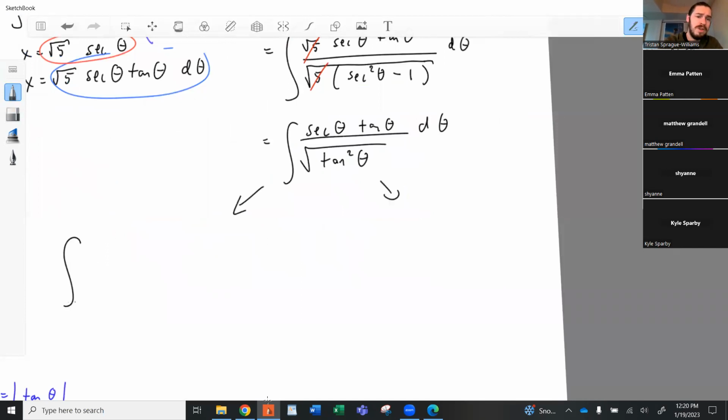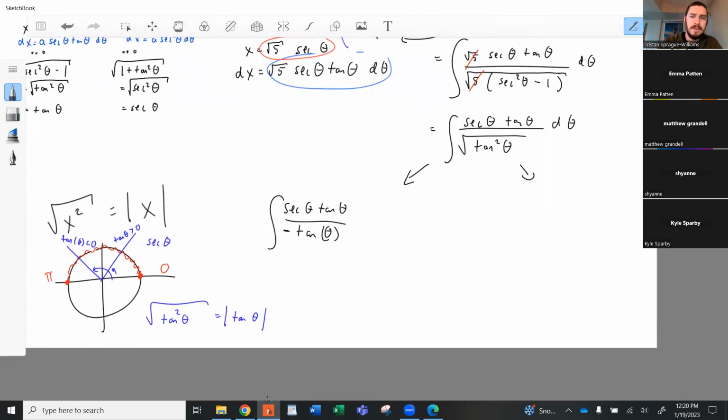Because we have to say, well, this is going to be negative tangent theta. We're going to have to flip the sign if theta is between pi over 2 and pi.